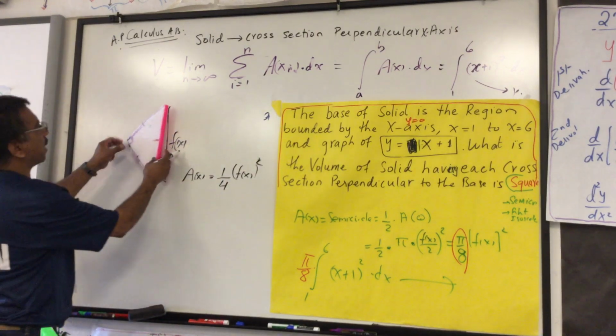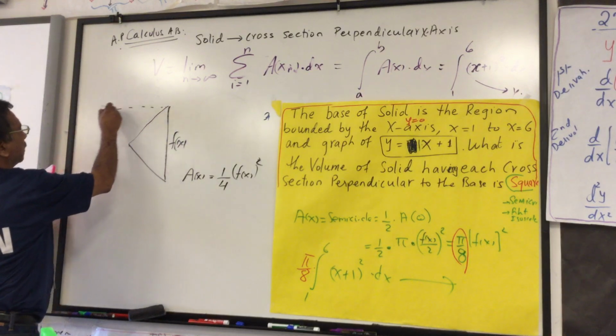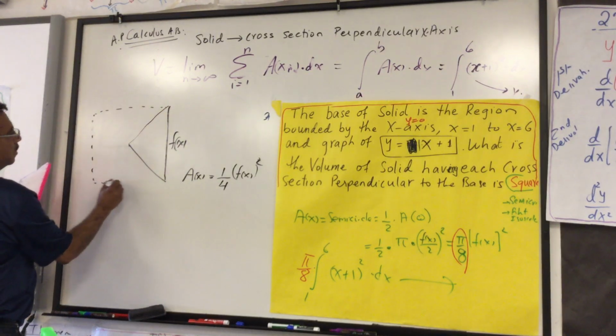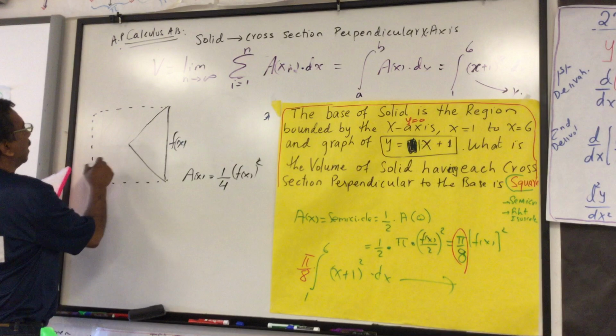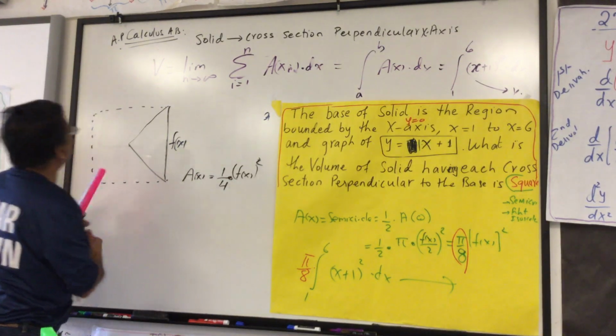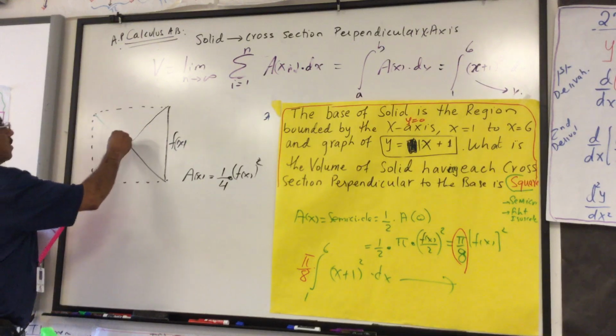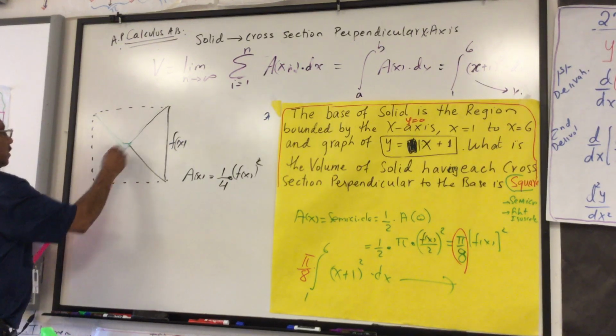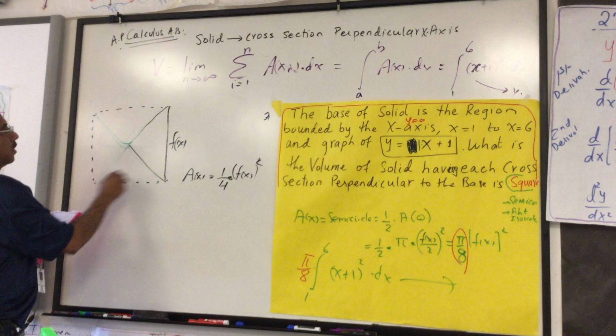It is just like a square like this: the whole one was f(x) squared, and it is 1/4 of that because you have 4 of them. Look: 1, 2, 3, and 4.